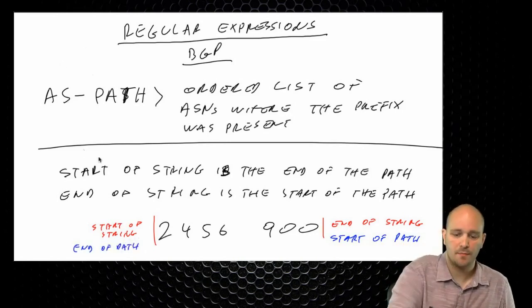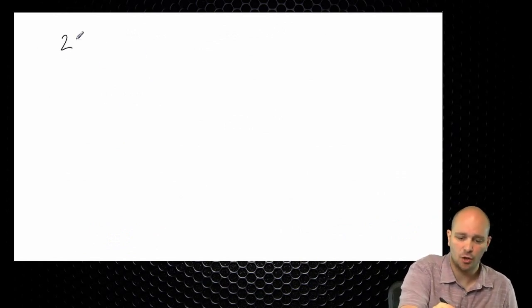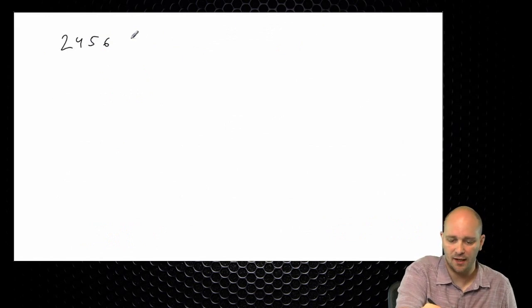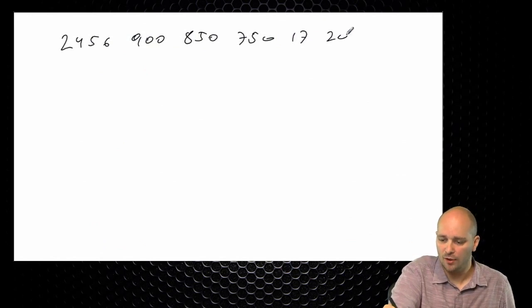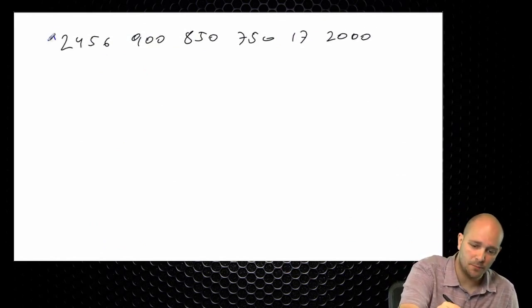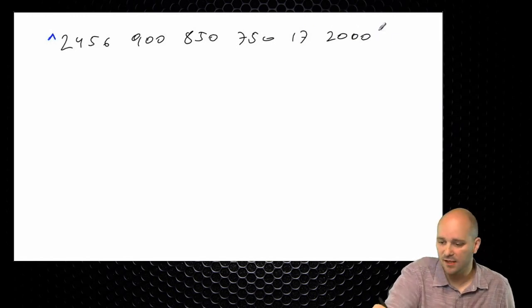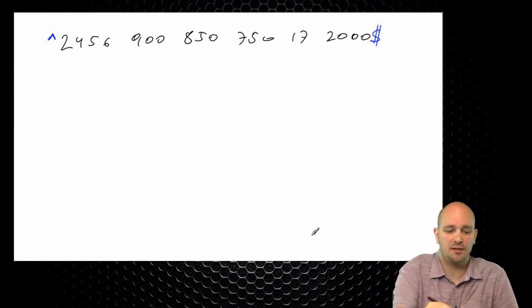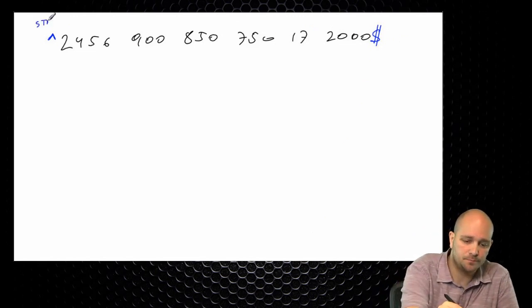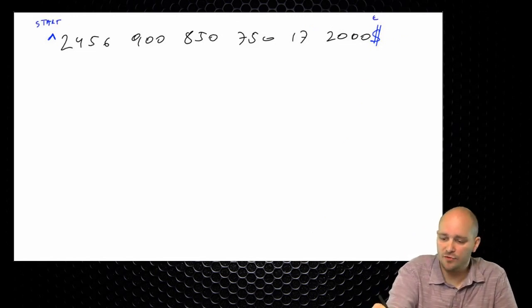In other words, when we have the AS path string, and let's say 2, 4, 5, 6, let's say that we had 900, and let's say that we had 850, 750, 17, 2000, or something like this. This here and this here are going to be regular expression markers that mark start of string and end of string.